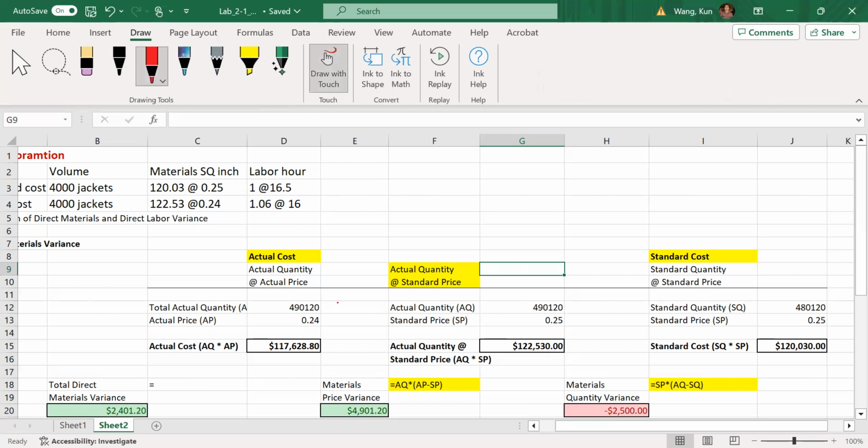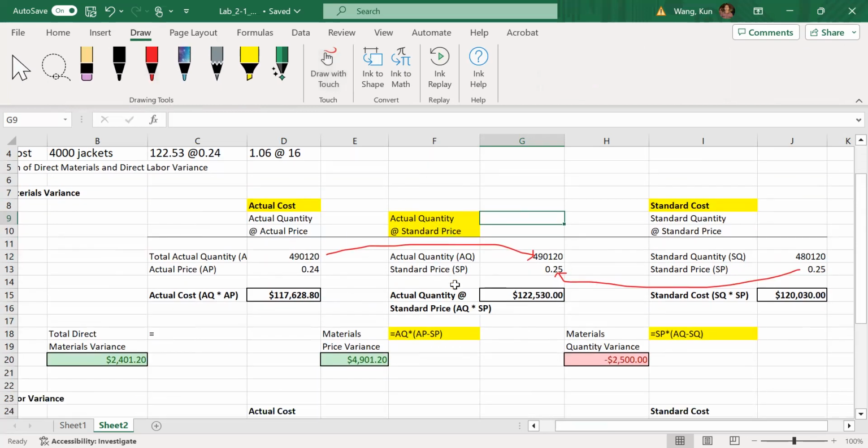So you can see this is a mixed item for the actual quantity by standard pricing. This is like a bridge, and this bridge will help us to break down the total variance into the quantity variance and the price variance. But this is a mixed number. It's not really economically meaningful. It's only to assist our calculation.